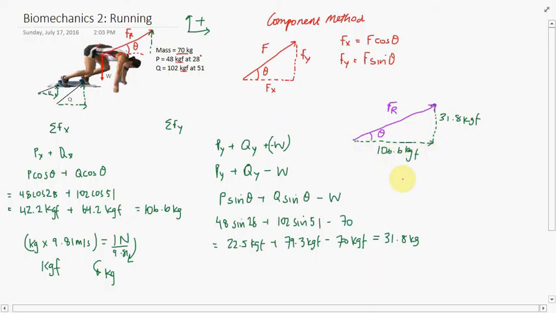How do I find the resultant? Well, I would use Pythagoras' theorem, right, which says that the F of r is going to be the square root of 106.6 squared plus 31.8 squared.